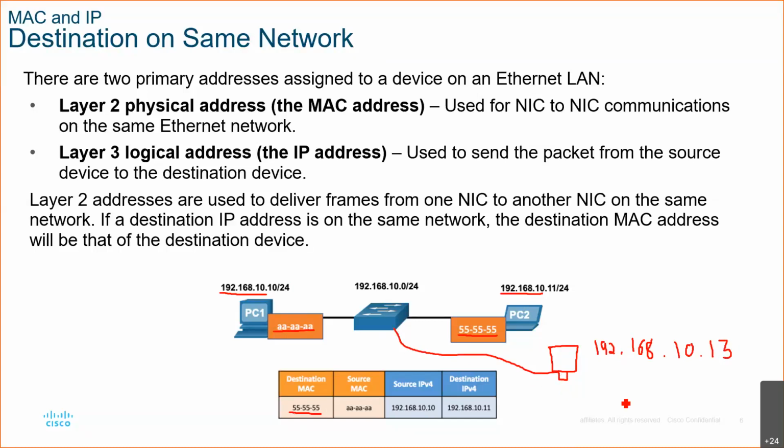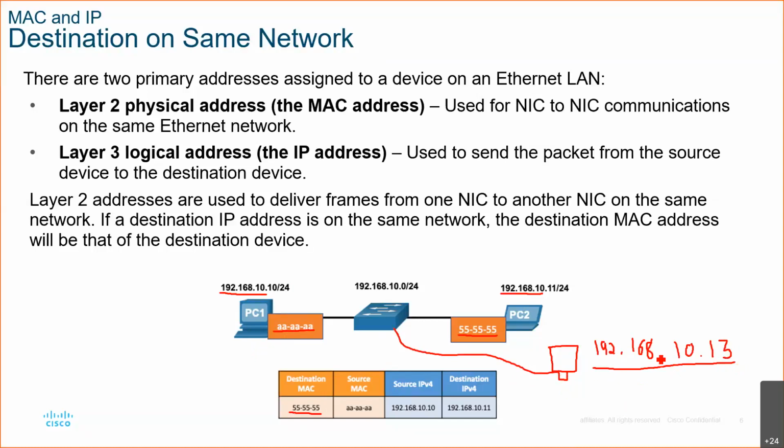So what happens is the ARP table of PC1 perhaps is not updated yet. So PC1 will send a new ARP request. It will say, for example, I'm looking for 192.168.10.13.